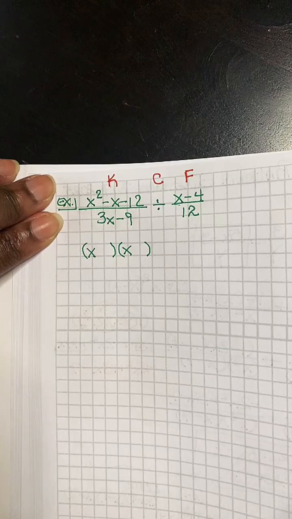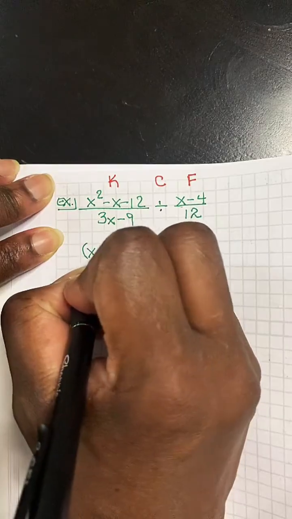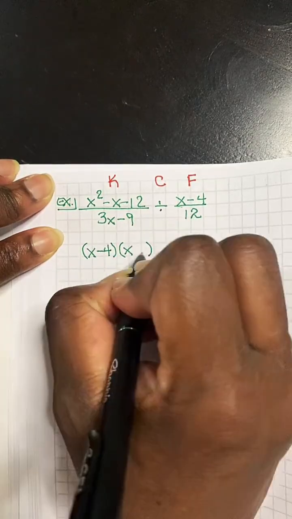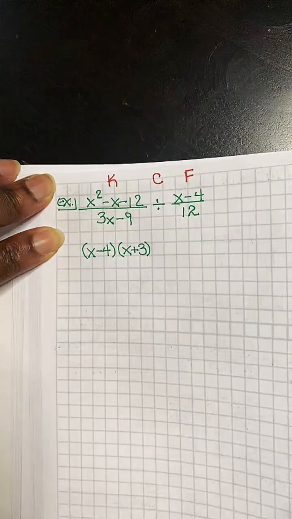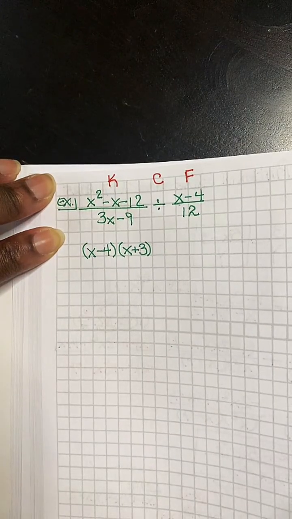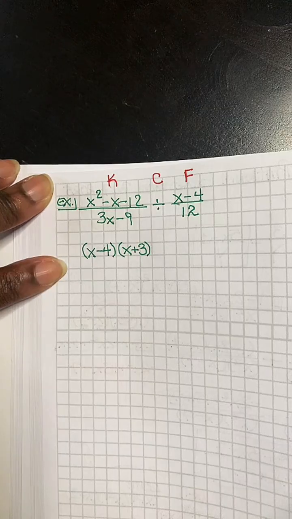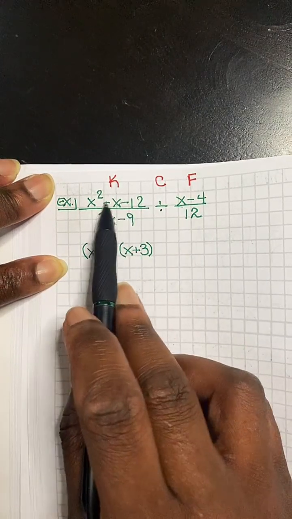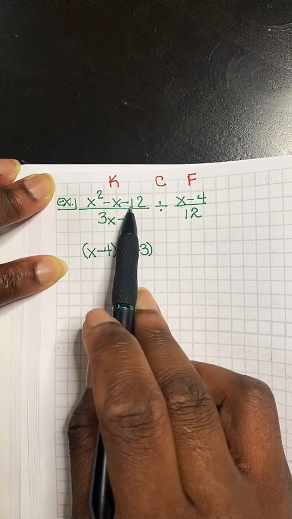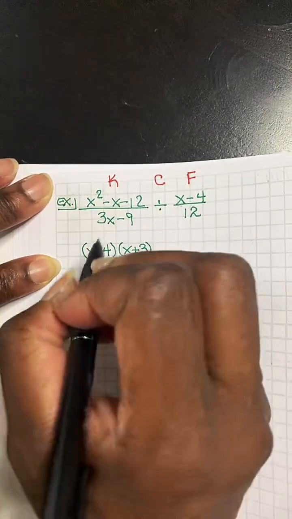Fishing Phil says negative 4 and 3. Michael says negative 4 and 3. Jess says negative 4 and 3. Yes. When I multiply, I notice the product is negative, which means one of the numbers is going to be negative and the other one positive.